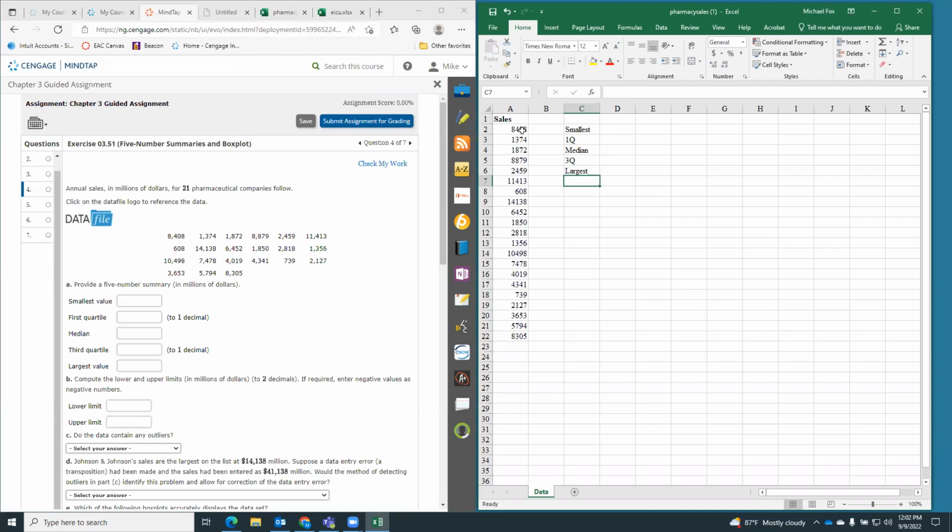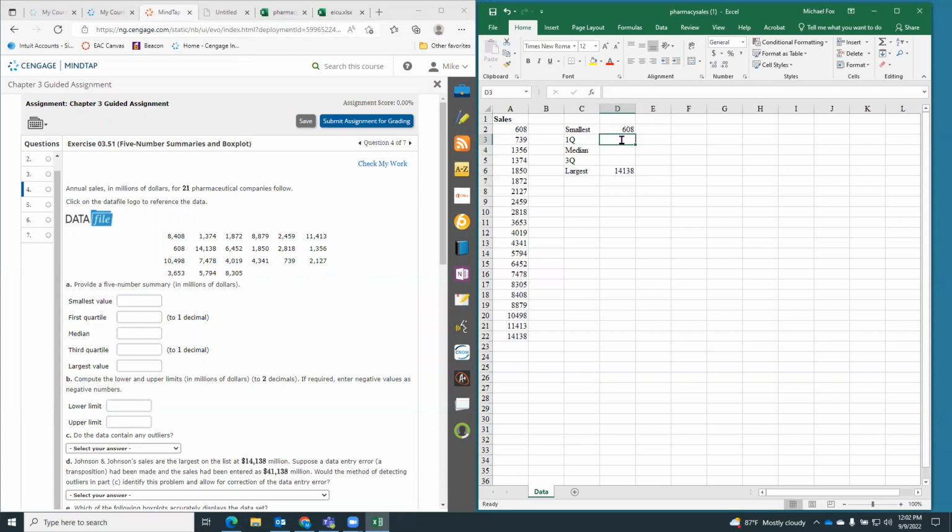The easiest way, honestly, to find the largest and the smallest numbers is just to sort this information. So using the sort button, it will sort smallest to largest. So our smallest will just be the smallest, and our largest will just be the largest.